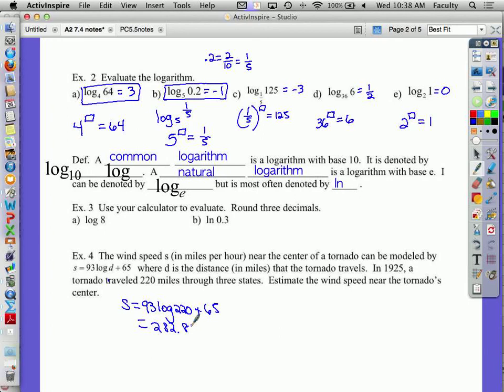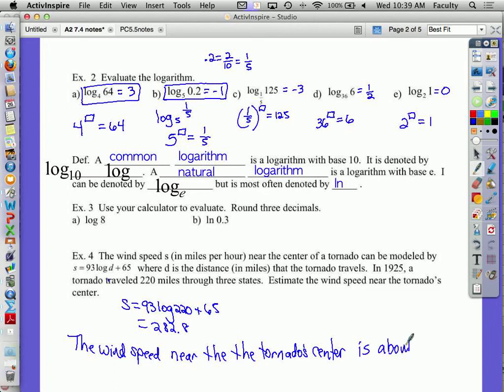Let's go ahead and practice writing our answers in complete sentences because that's important. The purpose of mathematics is to be able to communicate what you know. So the wind speed near the tornado center is about, we are approximating it, 282.8 what?